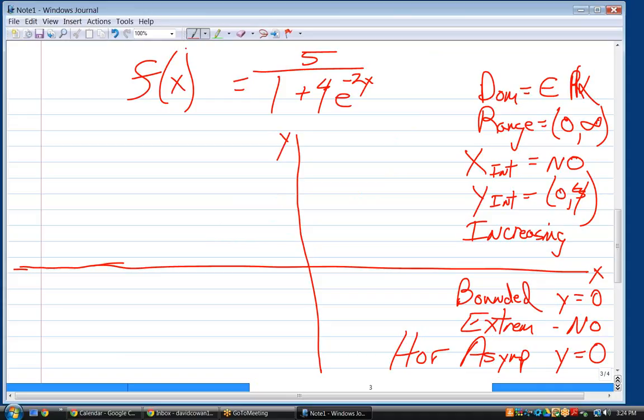What point does it go through when x is equal to 0? 5? No. 5 over 5, which is 1. So when x is 0, y is 1. Yeah. Okay.